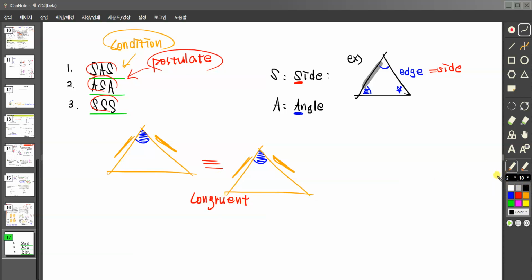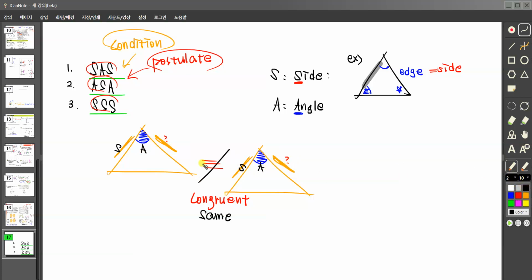Okay. Congruent. 똑같아. Totally same. 완전 똑같아. 진짜 완전 똑같아. Okay. 완전 same size, same length, same angles. The 3 factors are same. 이렇게 말하면 되고요. 만약에 하나라도 증거가 없어. 그러니까 S는 똑같고 A are also same, but I don't know whether these two are same or not.